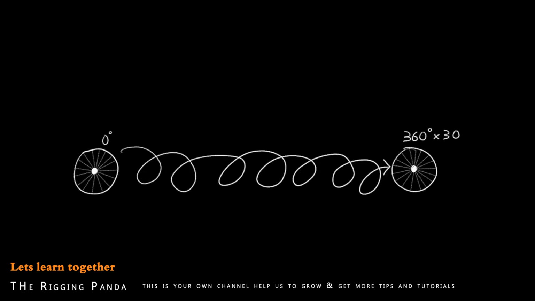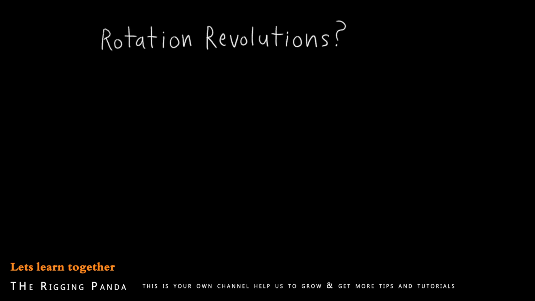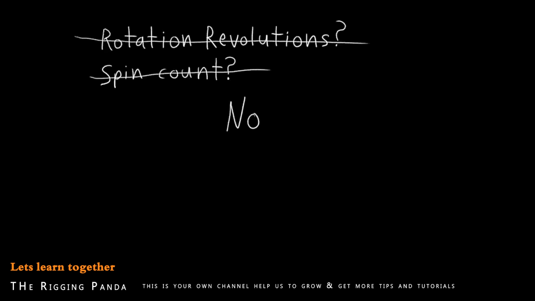But why am I calling this a rotation path? All I'm really talking about is preserving the number of revolutions of a rotation, right? Couldn't I just call it rotation revolutions, or rotation spin count, or something like that? Unfortunately, no. There is more to this than just the number of times an object spins around. You can get a hint of why this is by noticing that the direction you spin is important, not just the number of times you spin.